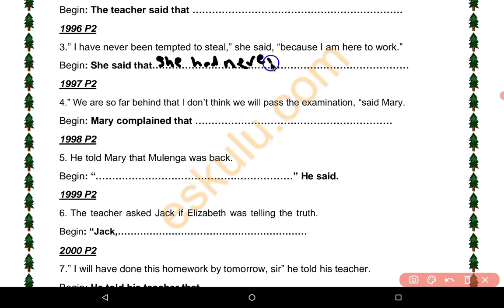She had never been tempted to steal because she, changes to, was here to work. Was here to work.